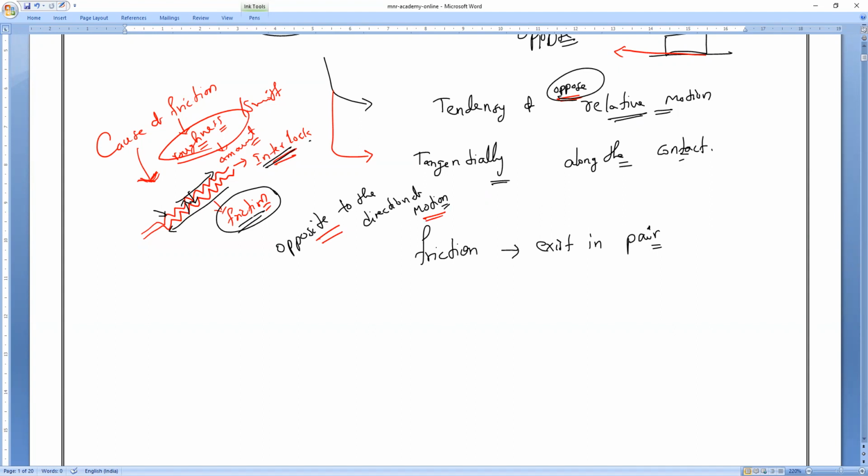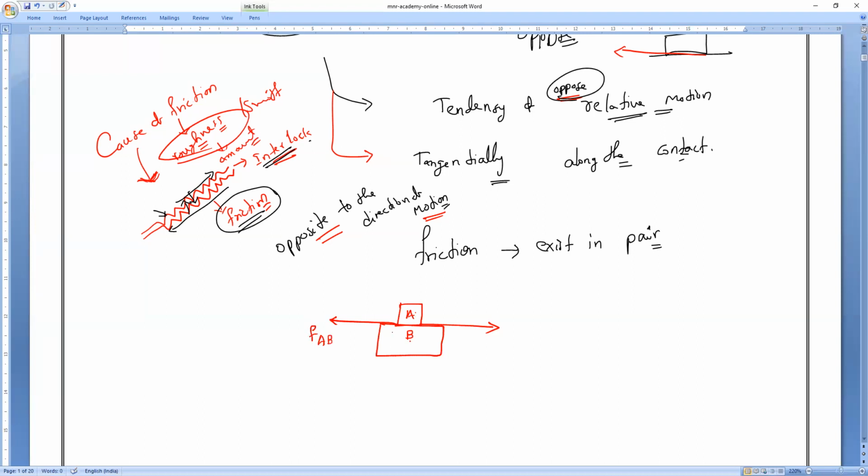So, with these irregularities, if I now take two objects, all of you observe, this object is placed over the second object. Let me take this as object A and this as object B. As I told you, frictional force acts tangentially at the contact. So the frictional force exerted by B on A, suppose for example, acts in this direction.